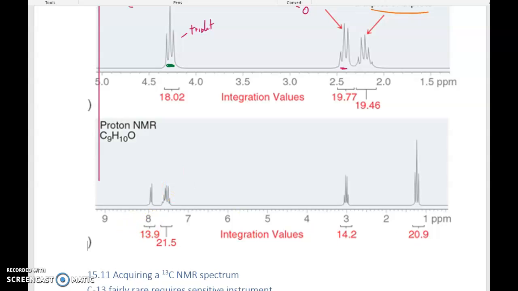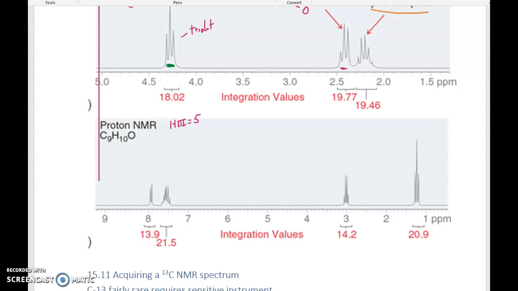So let's look at this last one. We've got a molecular formula of C9H10O, which indicates that our hydrogen deficiency index is going to be equal to 5.